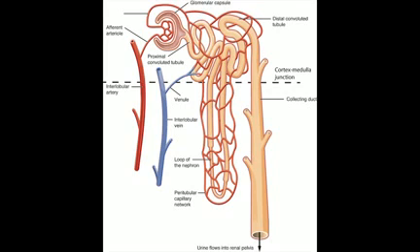Formation of urine. When the blood reaches from the renal artery to the arterioles of the glomerulus, the excretory waste along with WBCs, thrombocytes, plasma and water are filtered into the Bowman's capsule.